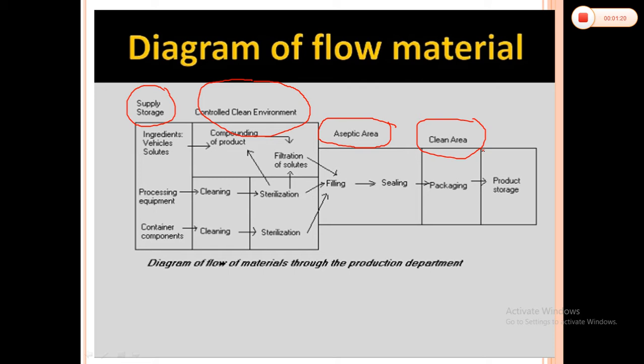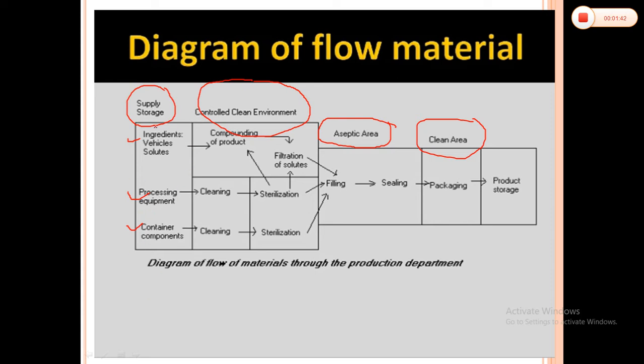If you see this flow diagram, we can easily connect it with the processing that happens in large scale manufacturing, in an industry, for sterile formulations. Here we can see the supply storage, supply of ingredients, vehicles, solutes, and supply of processing equipments and container components.